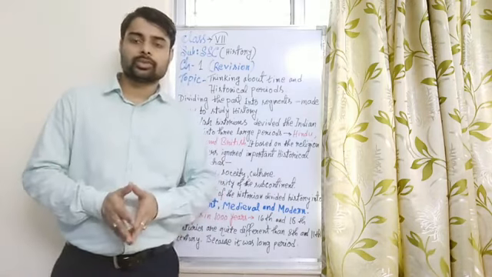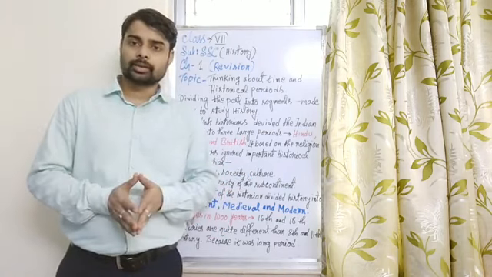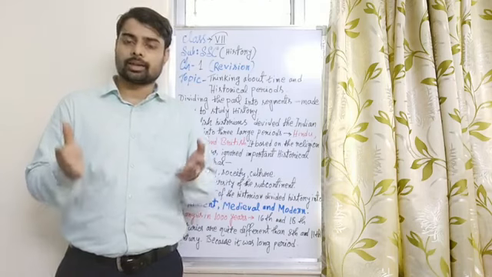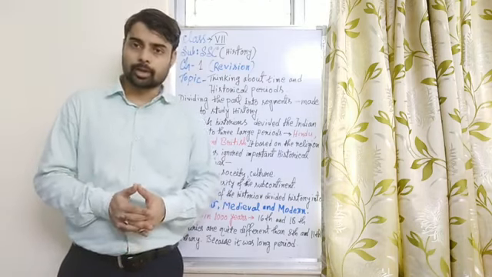And slowly the British East India Company started spreading their empire, and they annexed the Indian states one by one, and India became part of the British Empire.